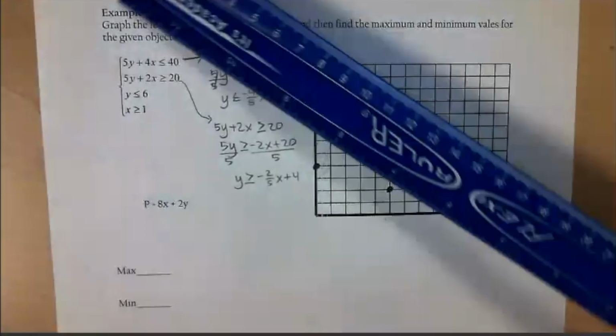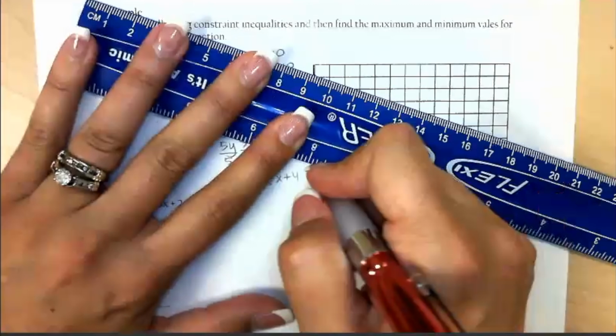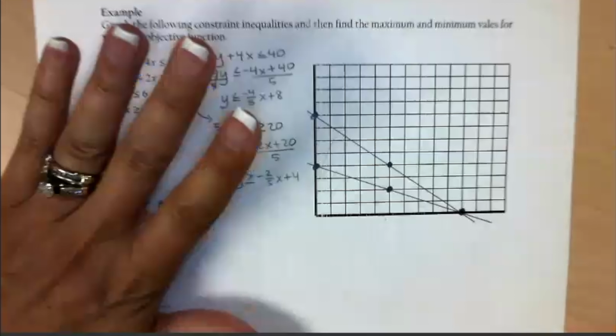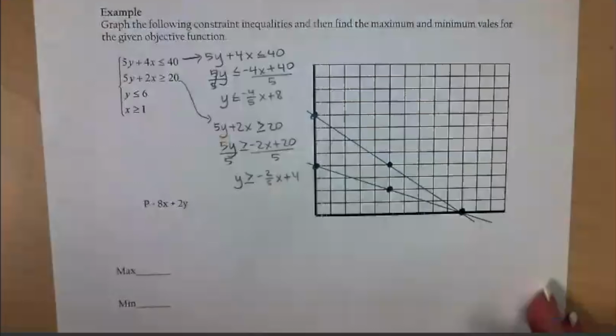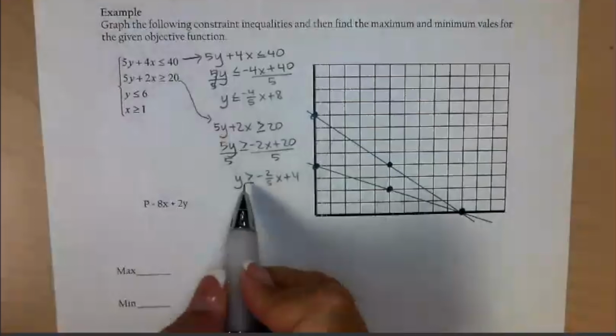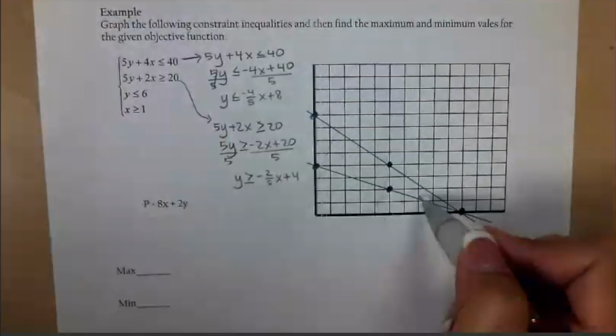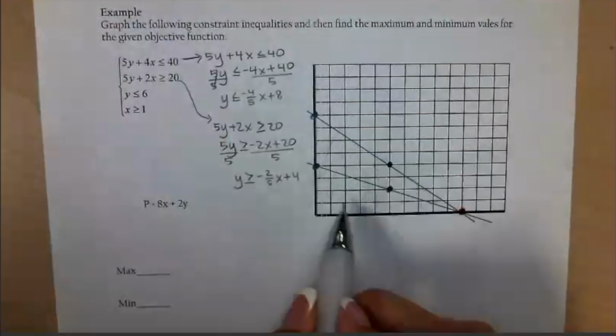Again, it's a solid line, so we'll connect our points here. The y is on the open side of this inequality, so it tells us that y is bigger than this line. So we would be shading above that line. Right now we're talking about this middle section. We've lost this bottom part.